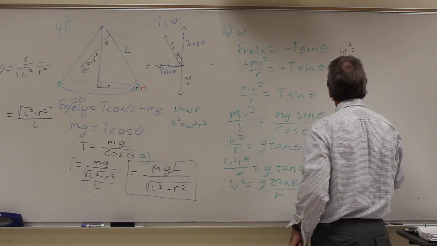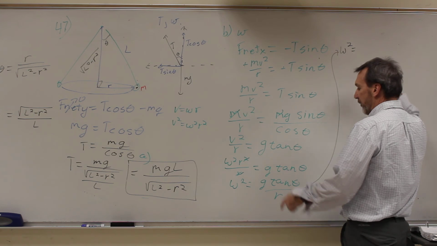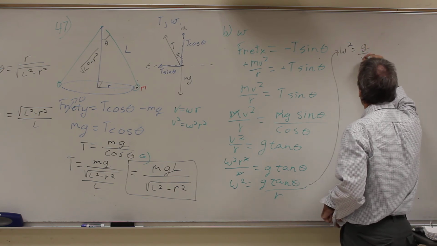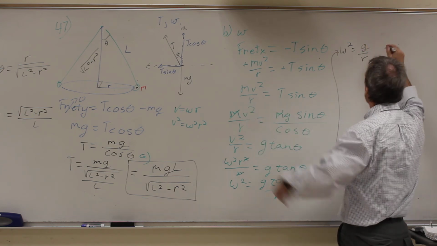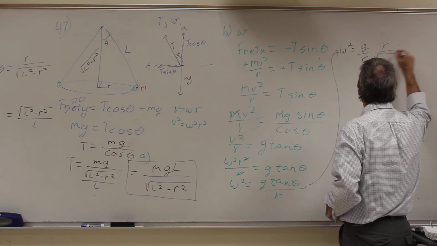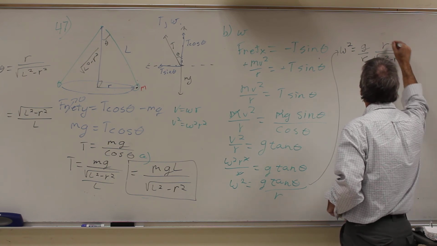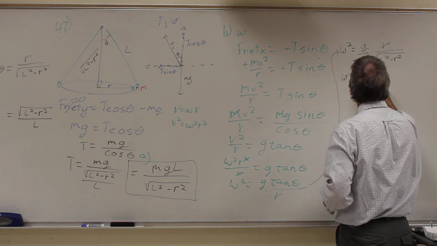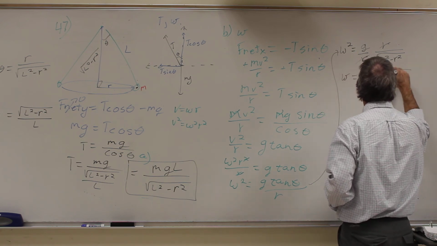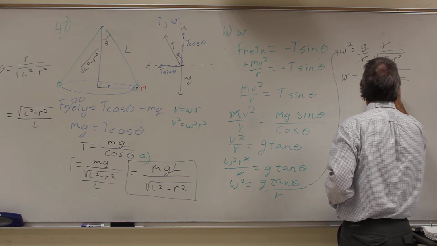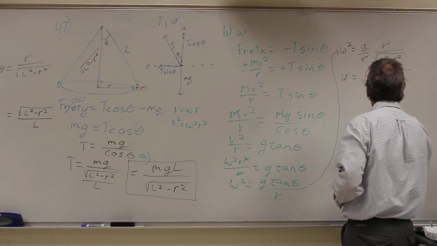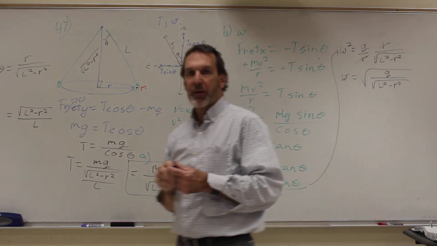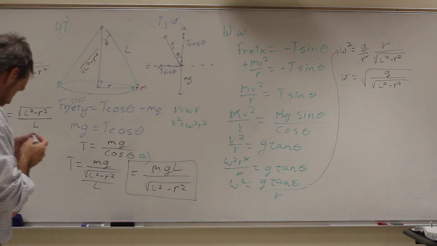So omega squared is equal to g over r. Then for the tangent of theta, I'm plugging in r over the square root of L squared minus r squared. Those r's cancel. And I take the square root and I get omega is equal to the square root of g over the square root of L squared minus r squared. And that's your answer for part B.